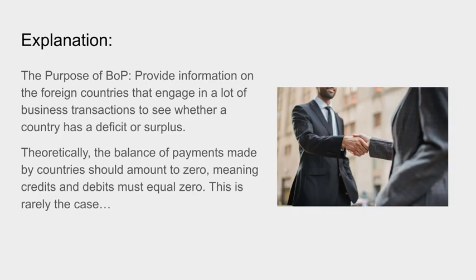Now, theoretically, the balance of payments made by countries, when we're accounting for the credits and debits altogether, should amount to zero, right? At the same time, we're considering this theoretically, but in a real world scenario, this is rarely the case. We don't find this with many countries. It'd be great, it'd be ideal, but it's not very common.